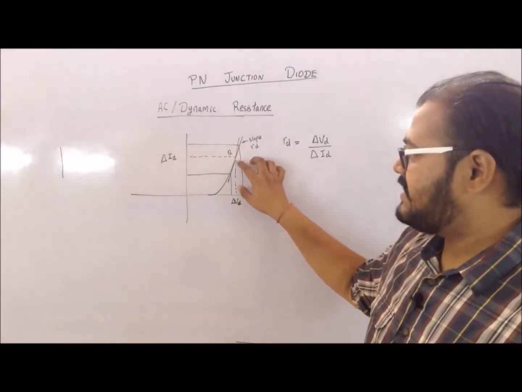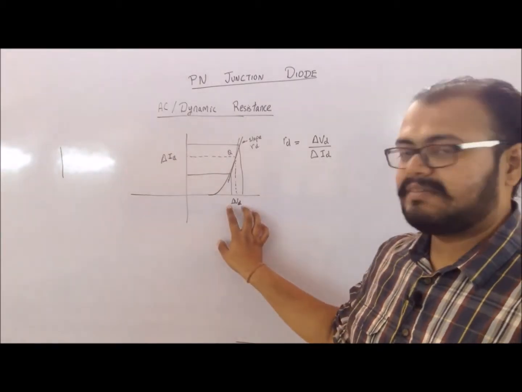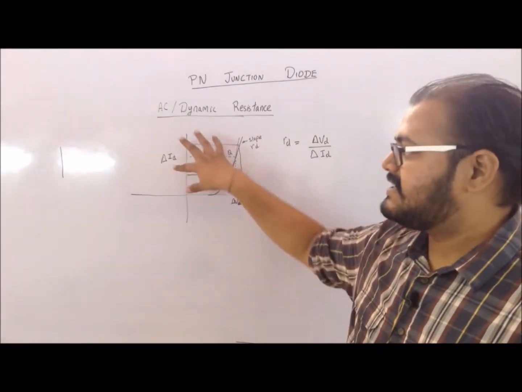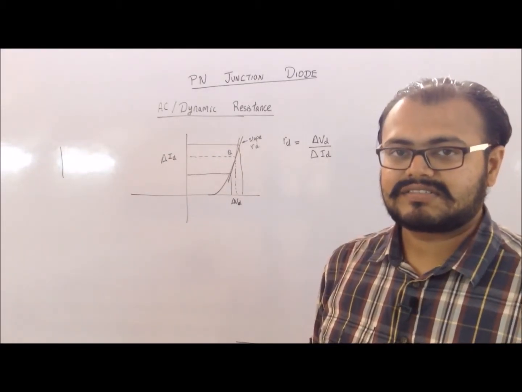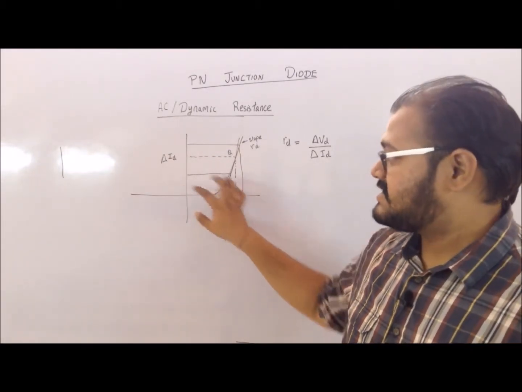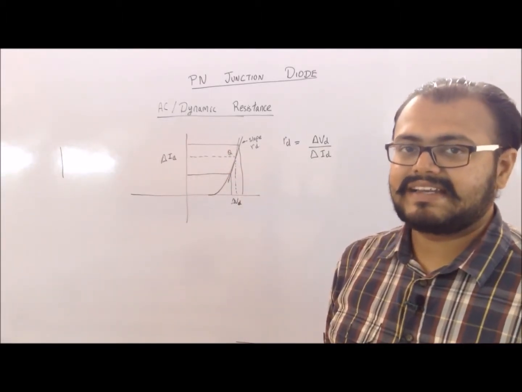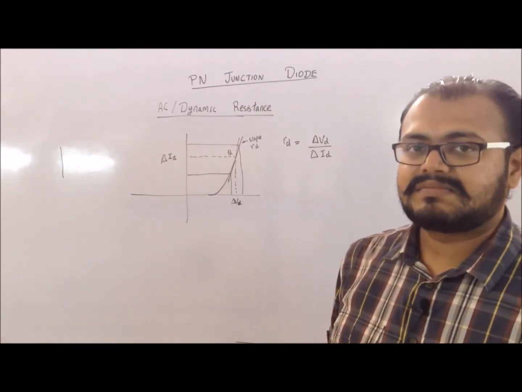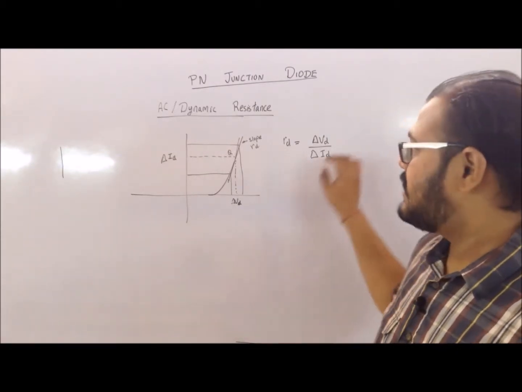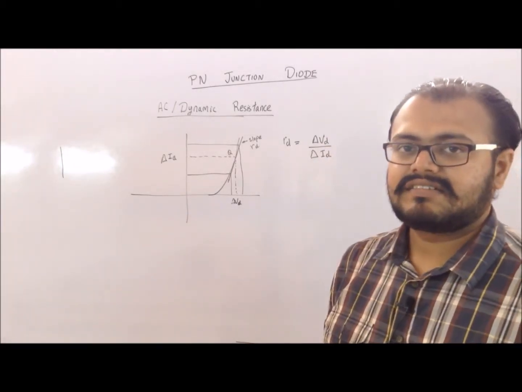So we are varying my AC voltage about this Q point. For a change in voltage, I get a corresponding change in current through the diode. This change in voltage and current helps me define my AC resistance, denoted by a small rd, which is given by delta Vd upon delta Id.